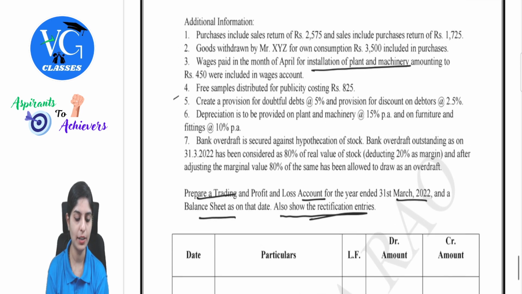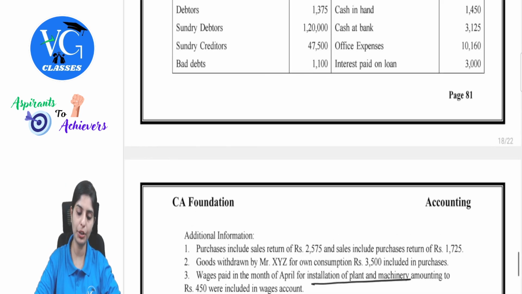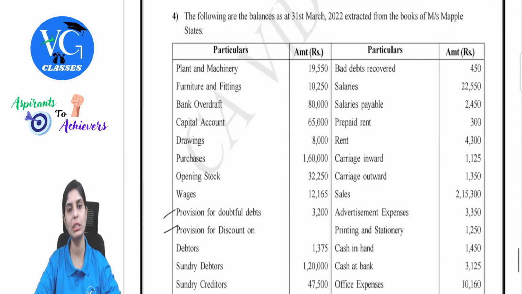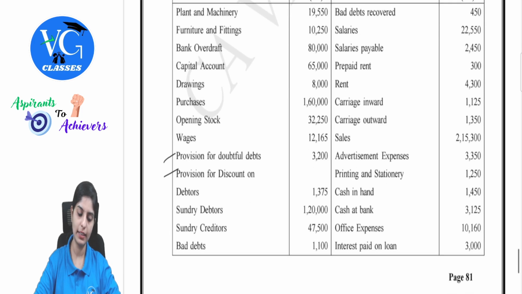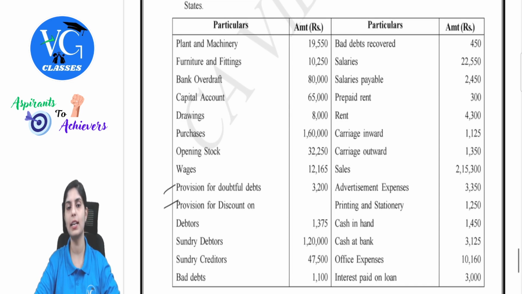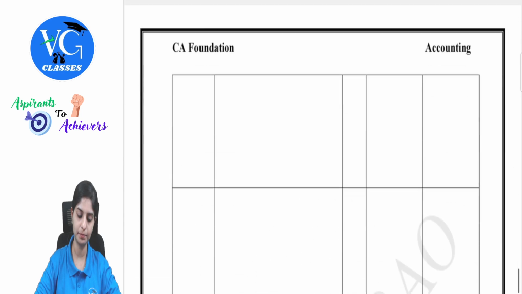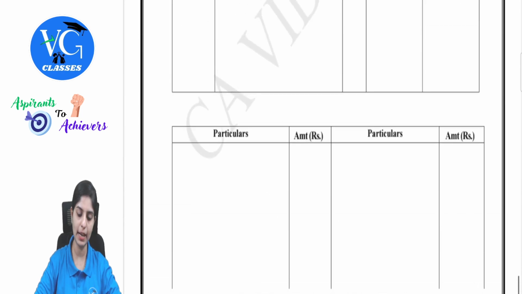So we have read through all the additional information points. We are aware what points are important, and there are some items here as well. So first, let's address the respective items given, then rectification entries, and then the additional information treatment, like we followed in the previous question. Plant and machinery 19,550. So it appears in my balance sheet.